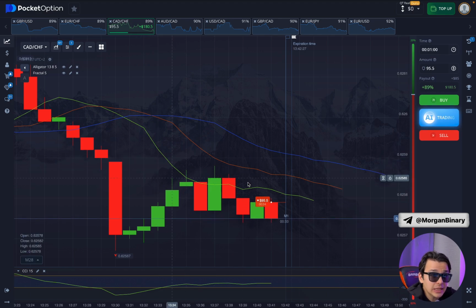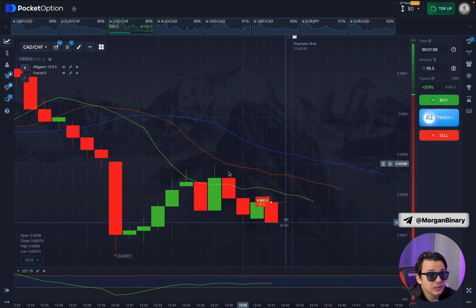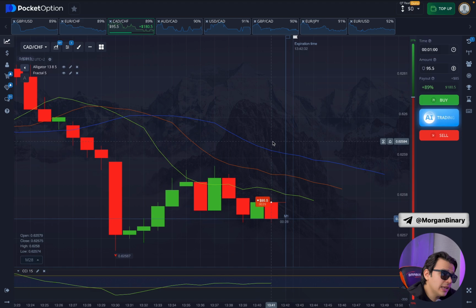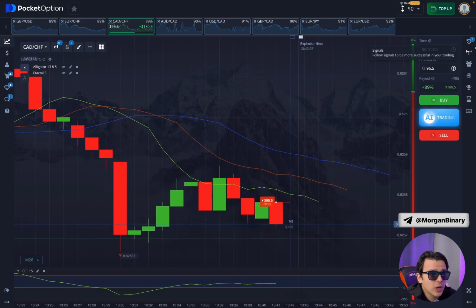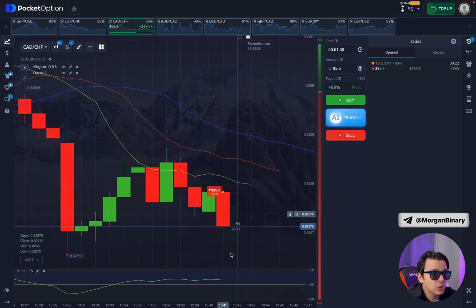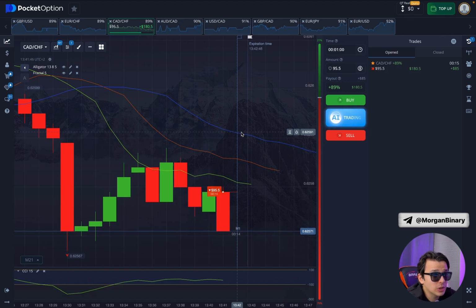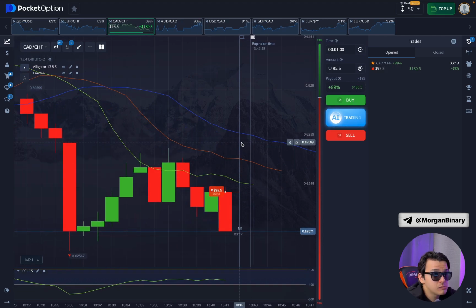Actually, there was an attempt to cross the moving lines again. This didn't happen. Thus, we have confirmed that the further dynamics of the movement with a greater probability should follow down. And in this way, here's the small green candle. We open a position on the downside and watch the result.